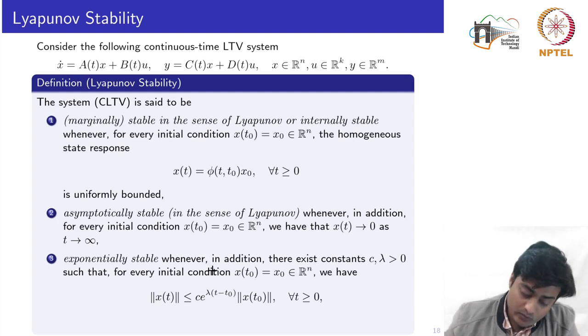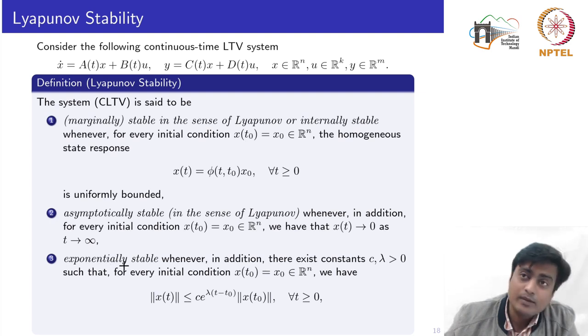Exponentially stable means that in addition there exist constants c and lambda, both positive scalar values, such that for every initial condition x naught, the norm of the signal x of t is always less than or equal to c into e to the power lambda (t minus t naught), times the norm of the initial condition.